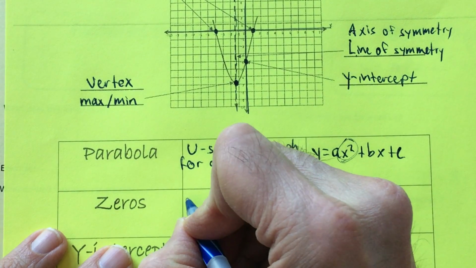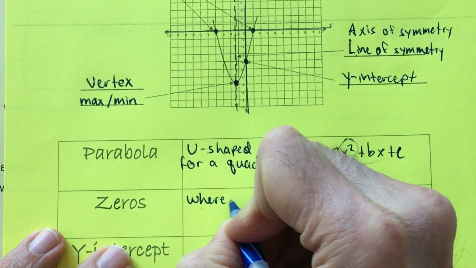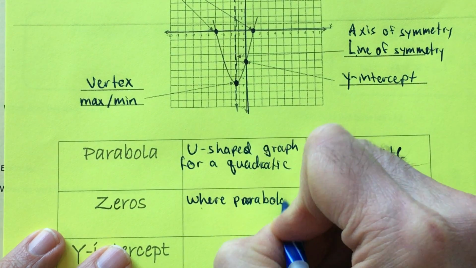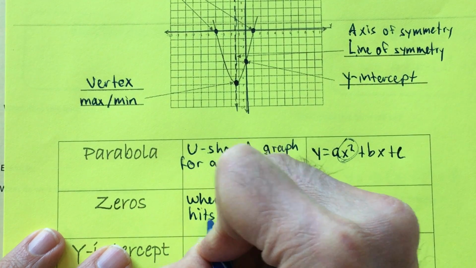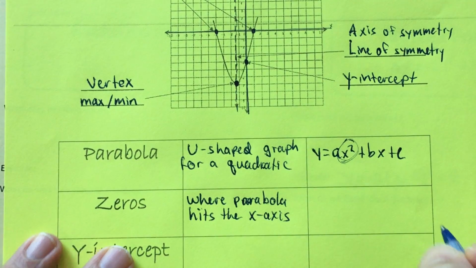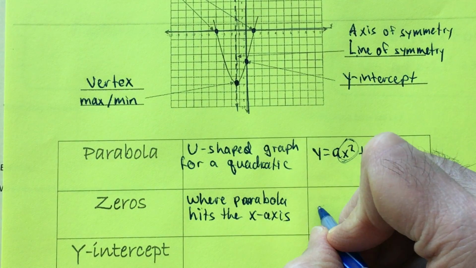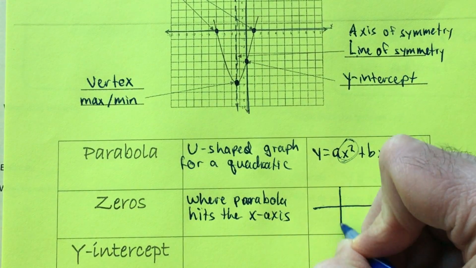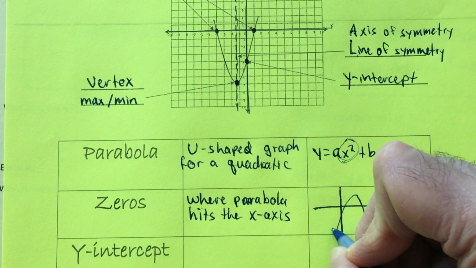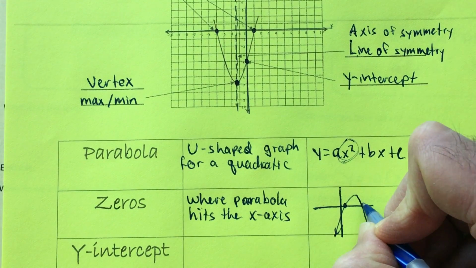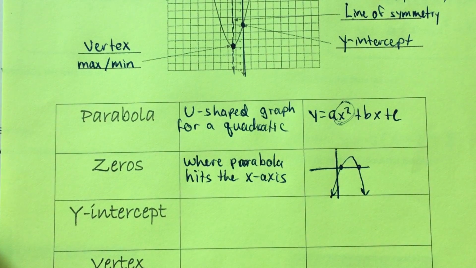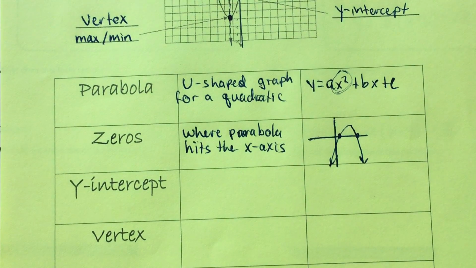The zeros, where the parabola hits the x-axis. That'd be right here and right there. The next one, the y-intercept.